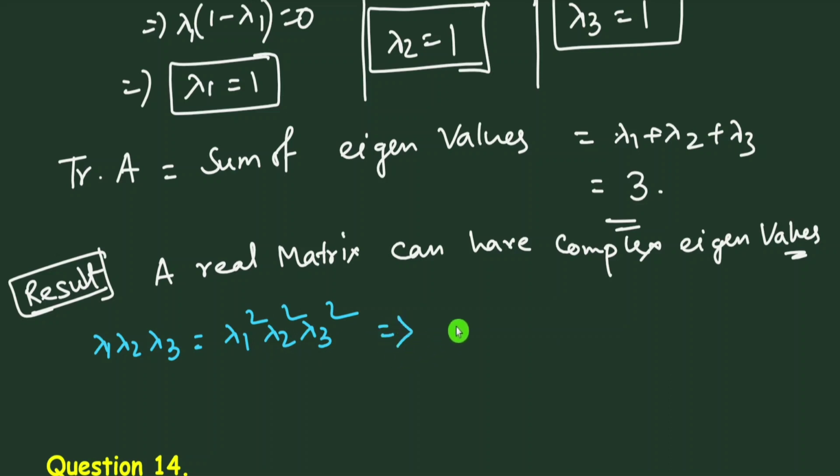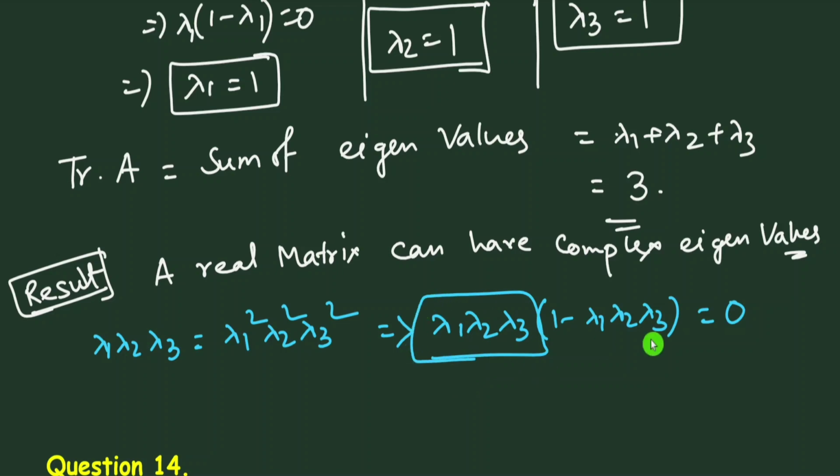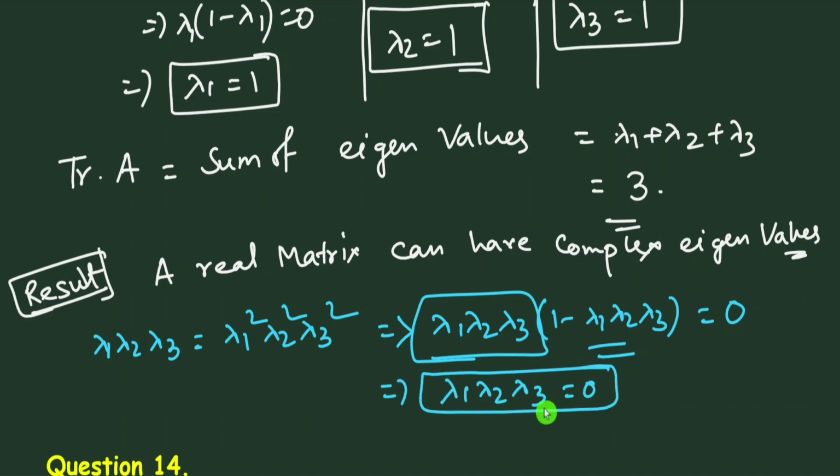So this gives lambda 1 lambda 2 lambda 3 into (1 minus lambda 1 lambda 2 lambda 3) equal to 0. And since the matrix is non-singular, the product of these three cannot be 0. Sorry, the product of eigenvalues is equal to 1.